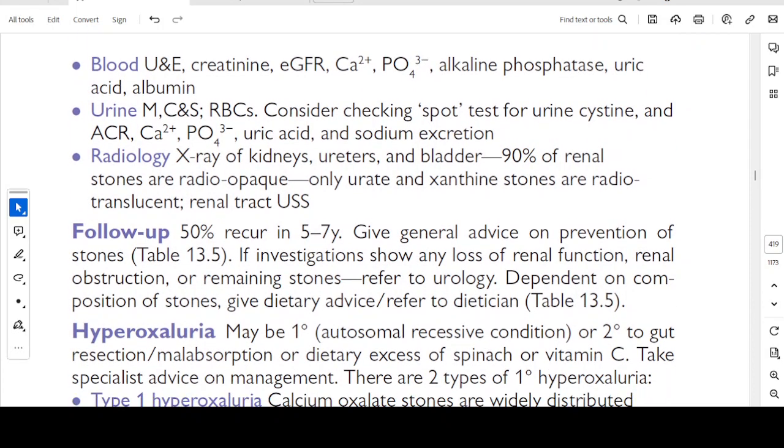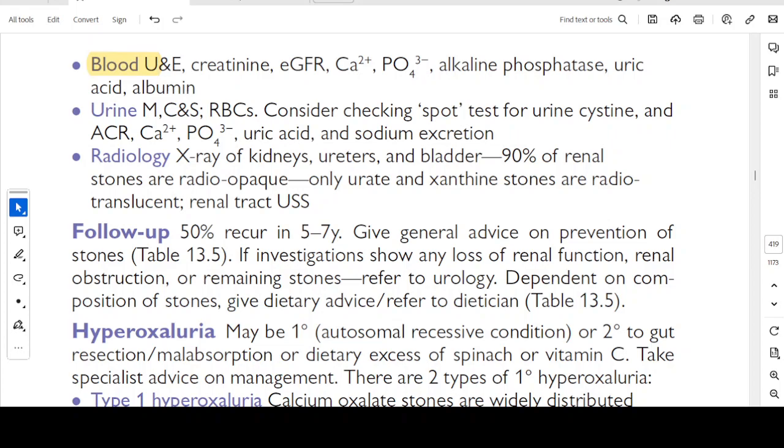You can do blood tests: urea, electrolytes, creatinine, eGFR calculation, calcium and phosphate levels, alkaline phosphatase, uric acid and albumin. Urine microscopy, culture and sensitivity, and RBCs. Consider checking a spot test for urine cystine and albumin creatinine ratio, calcium, phosphate, uric acid and sodium excretion.